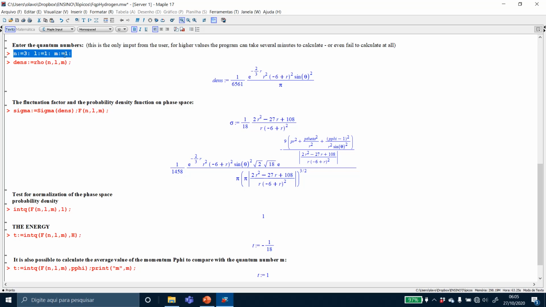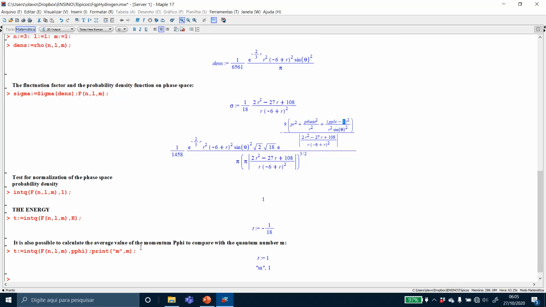Note here that when we use m equal to 1, the momentum now becomes this way. This is due to the fact that we are considering an azimuthal quantum number that is different from 0.